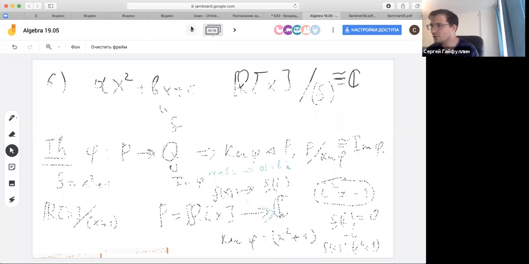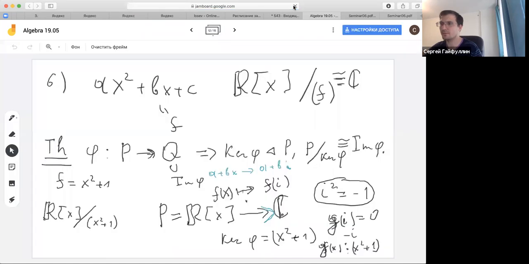If g from i equals 0, then g from x is divisible by x squared plus 1.